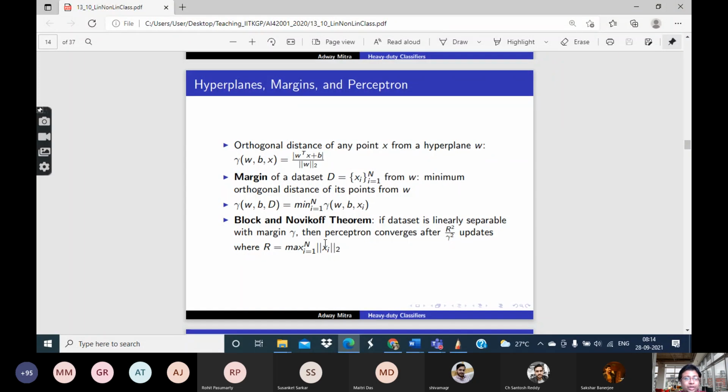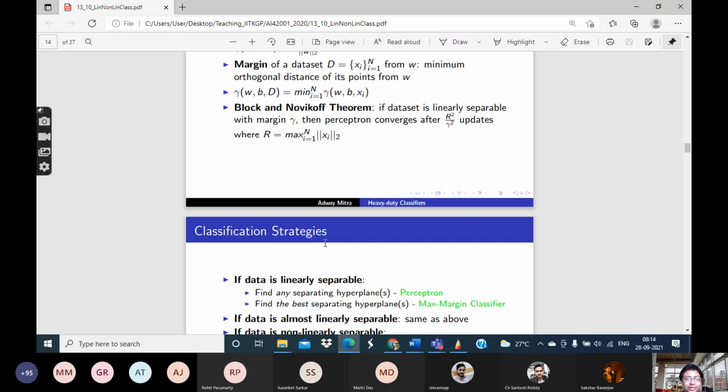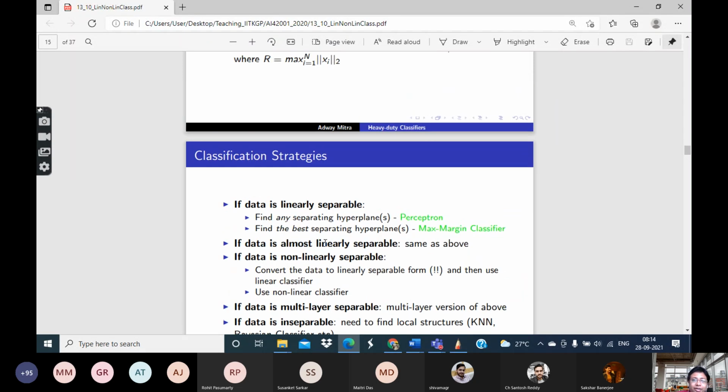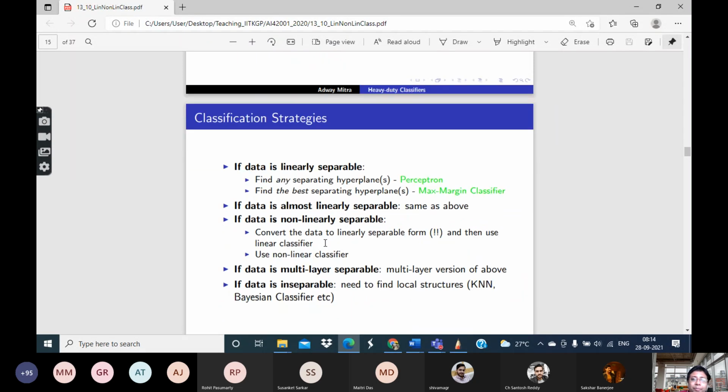This notion of margin is a very important one. Let me for a moment delay defining the margin, but let me come to the next question. What perceptron does is give you any separating hyperplane which separates the two classes. But as we said yesterday, there can be multiple such hyperplanes which separate the two classes.